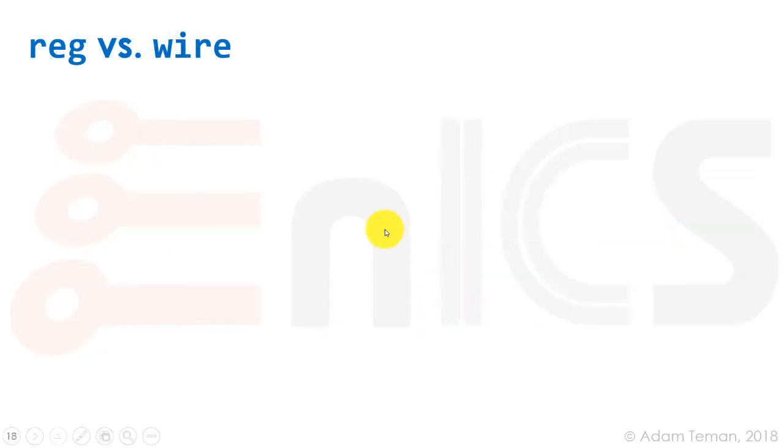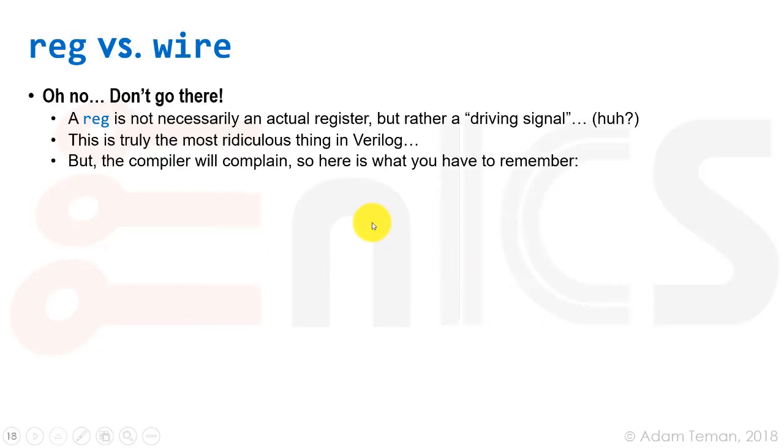Now, the big question of reg versus wire. And I say, oh no, don't go there, because this is the worst thing that they ever did in this Verilog language. They had some great idea which kind of went wrong. So a reg is not necessarily an actual register. As you saw, we often have just a regular wire in a combinatorial type of expression be called a reg.